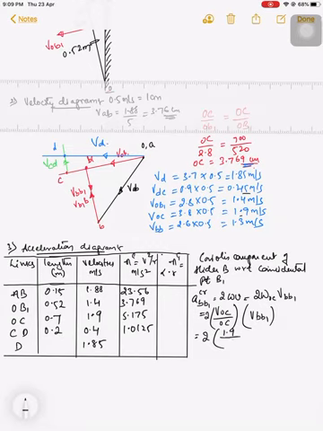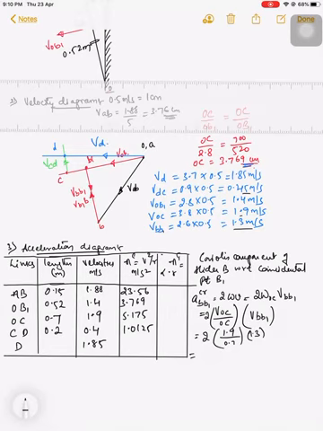VOC we have found out as 1.9, divided by OC, which is known to us, 0.7, into VBB1, which is 1.3 meter per second. So using this, I'll find the value of the Coriolis component of acceleration of slider B with respect to coincident point B1. 1.9 divided by 0.7 into 1.3 into 2.